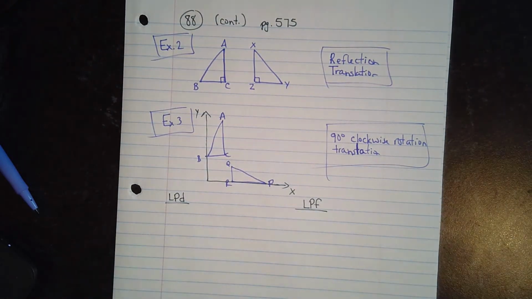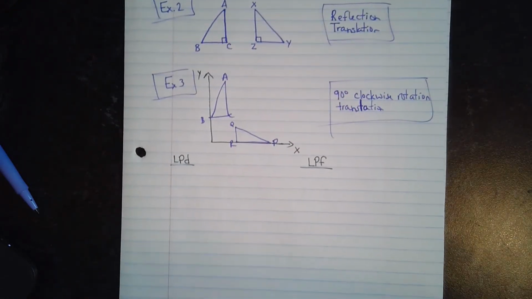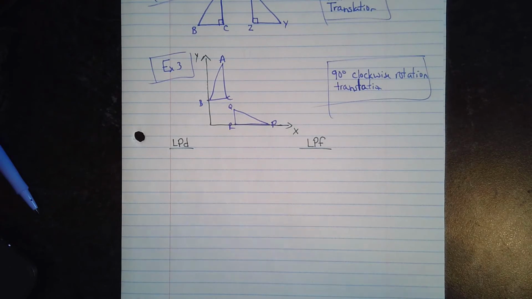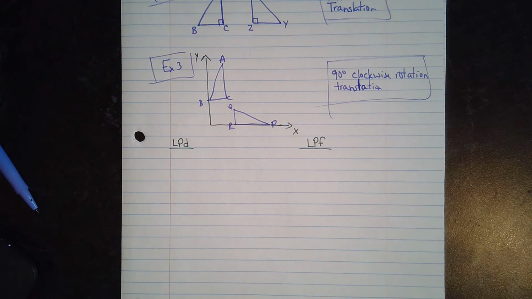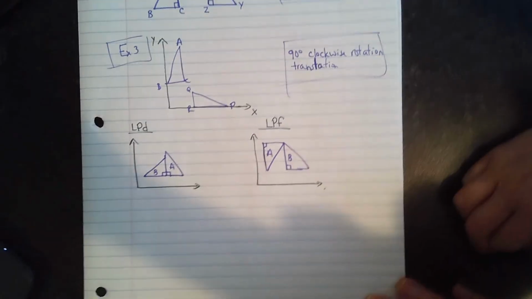So go ahead and pause the video and do the work and then restart, and we'll see if you come up with the correct transformations. I will tell you that one of them just has one transformation and the other one has either 2 or 3. There's multiple answers. All right.